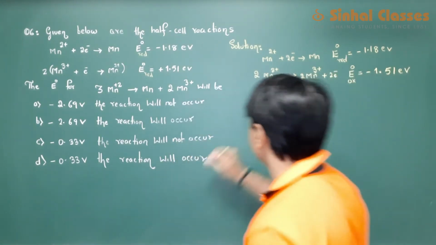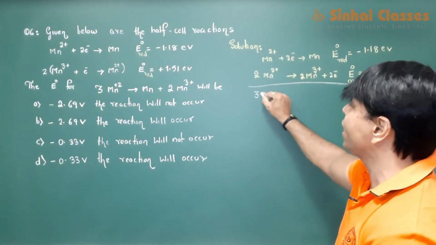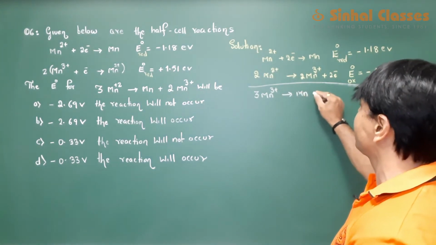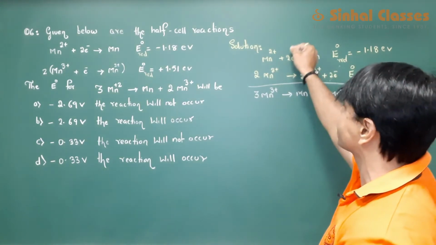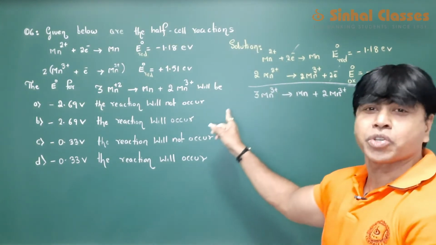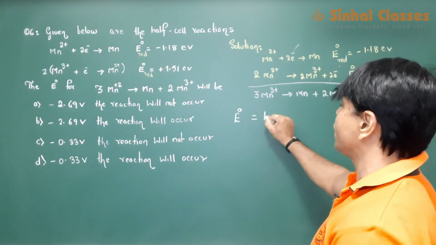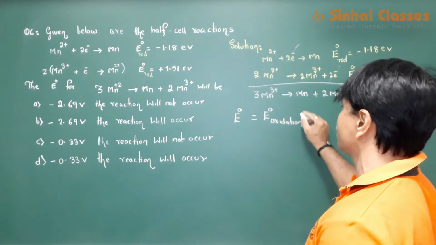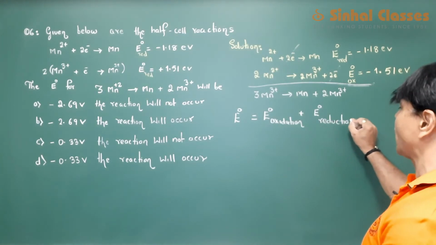Now for the net equation which you will get here is 3Mn2 plus giving you Mn plus 2Mn3 plus. Electron gets cancelled. So you wanted the E naught for the net equation. So E naught for the net equation will be E naught of oxidation plus E naught of reduction values.